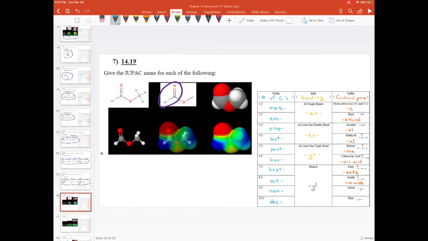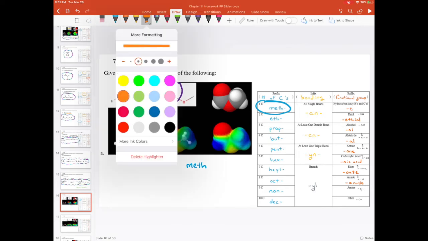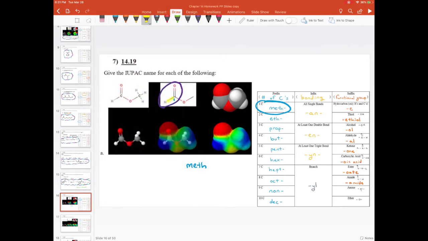Let's name that first. Here we only have one carbon, and so the prefix is going to be meth. Outside of the functional group, there are only single bonds, and so the infix is going to be AN.